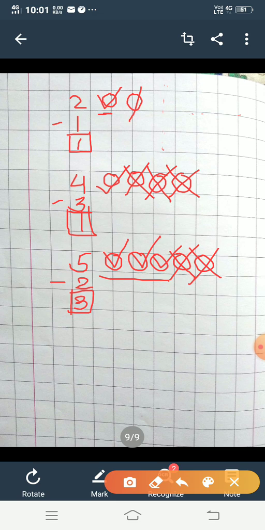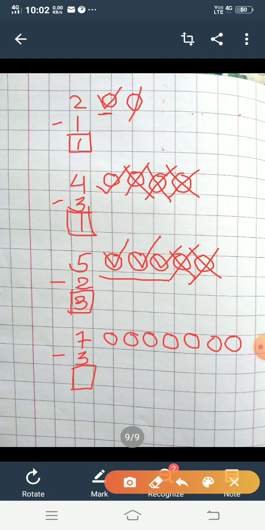Shall we take more examples? 7 minus 3. See children, how do we do this sum? First, how many circles will we draw here? 7 circles. 1, 2, 3, 4, 5, 6 and 7.